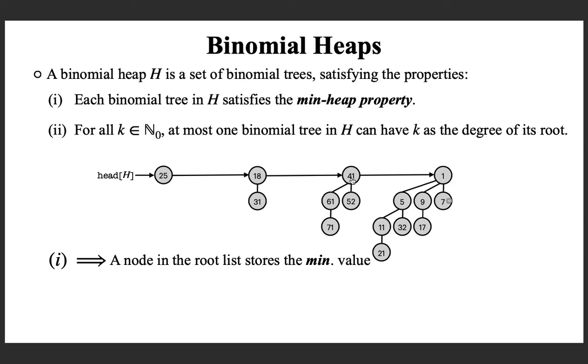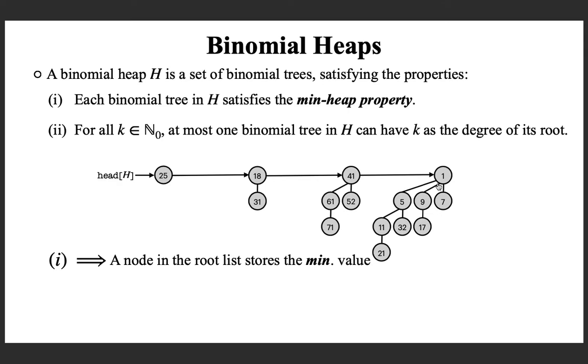In B2, 2 to the power 2, which is 4 nodes. And in B3, 2 to the power 3, that is 8 nodes. And therefore the total number of nodes will be 2 power k1 plus 2 power k2 plus etc. That is, it is the sum of powers of 2. It is not difficult to observe.